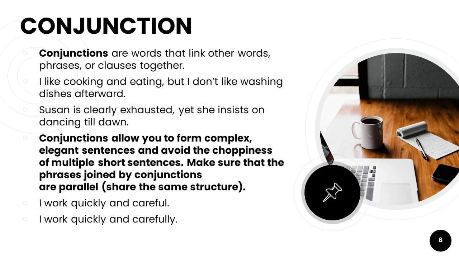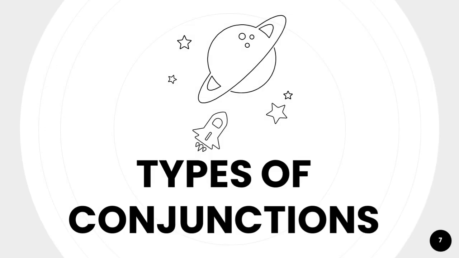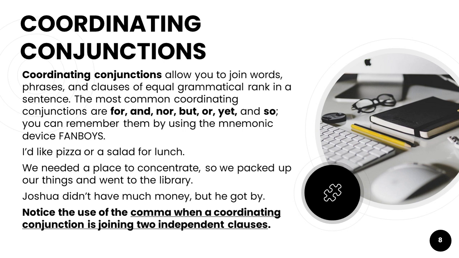So, we have different types of conjunctions. This is also the focus of our discussion today. The first one is the coordinating conjunctions. Coordinating conjunctions allow you to join words, phrases, and clauses of equal grammatical rank in a sentence.